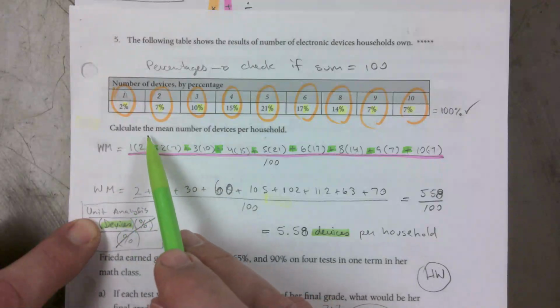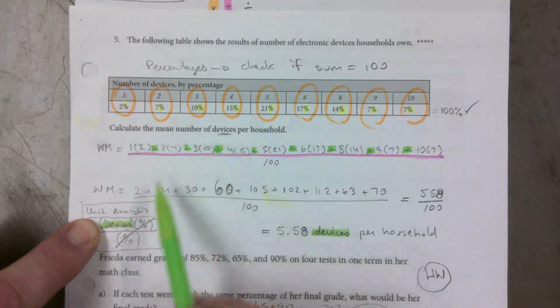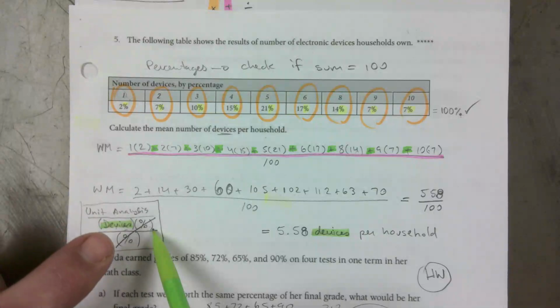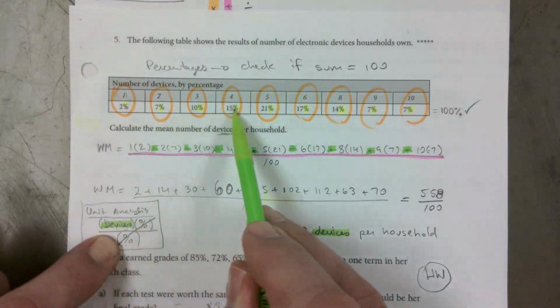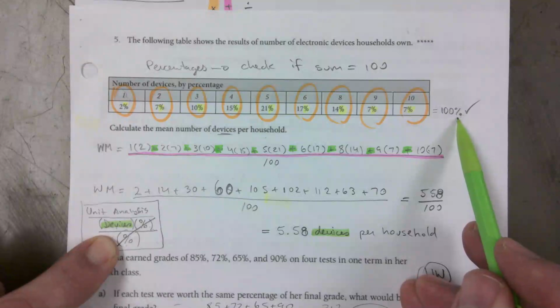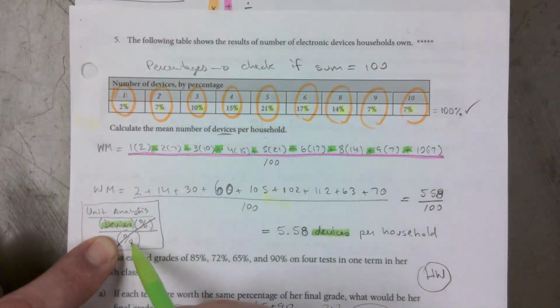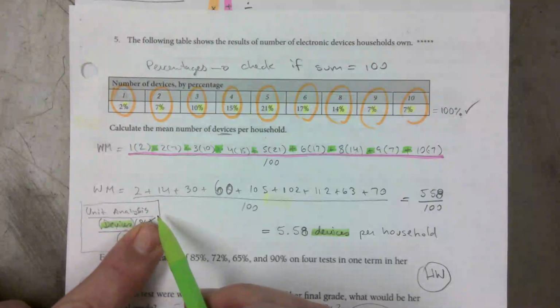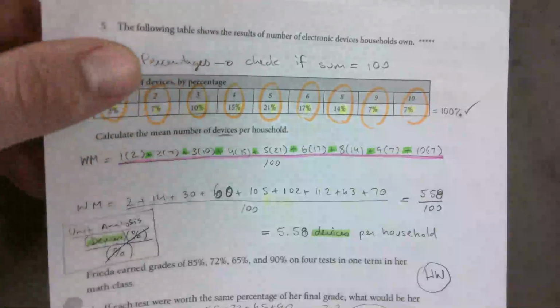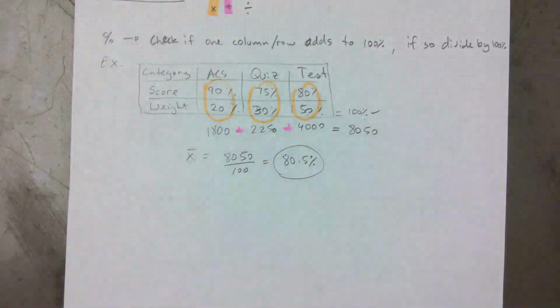In this case, it says calculate the mean number of devices. You want that to stay. So we need to cancel out percentages, which means you need to go and add up the row of percentages, which we knew was 100, okay? But regardless, this just confirms that in order to cancel out percentages and just be left with devices. So that's another way to know whether or not you're doing things right.